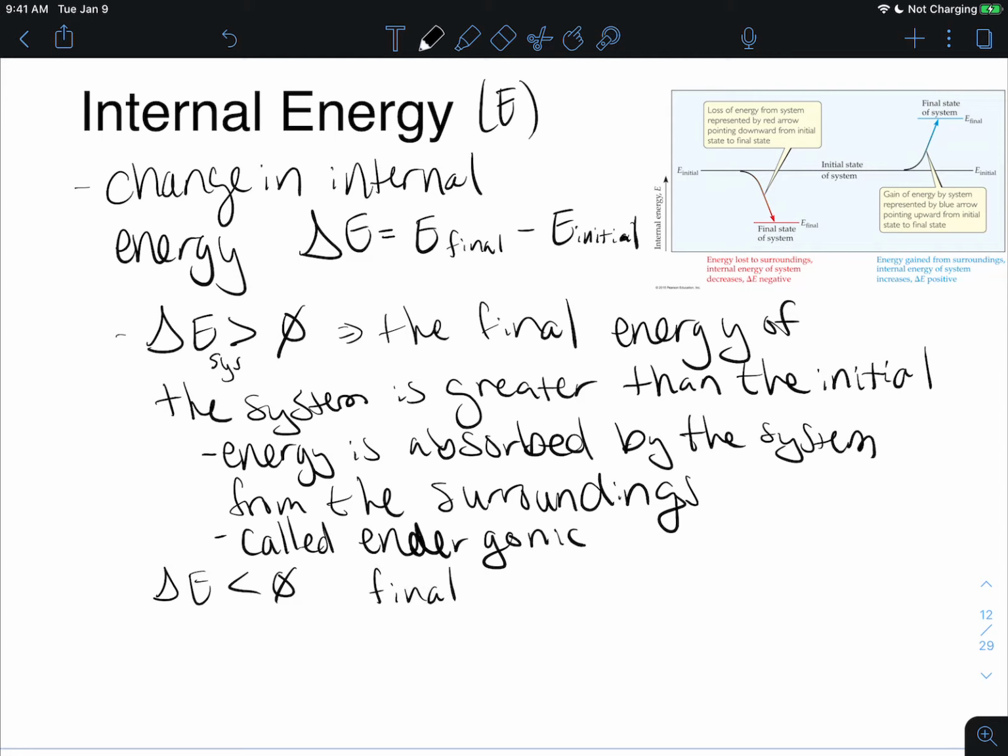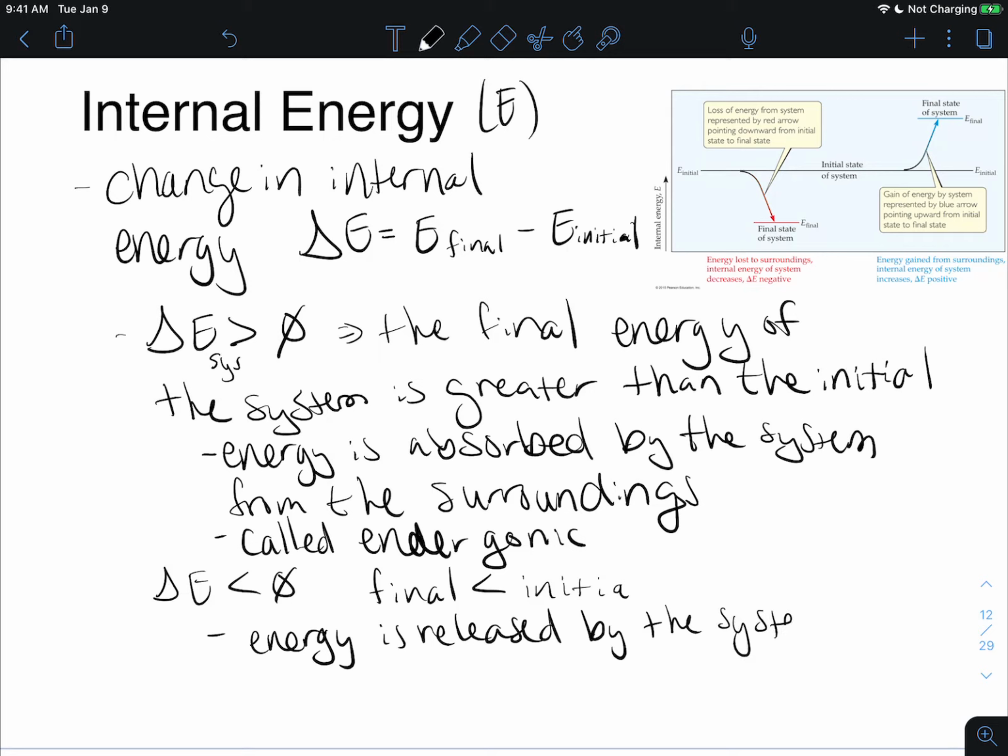Final is less than initial. And as a result, energy is released from the system to the surroundings. And this is called exergonic.